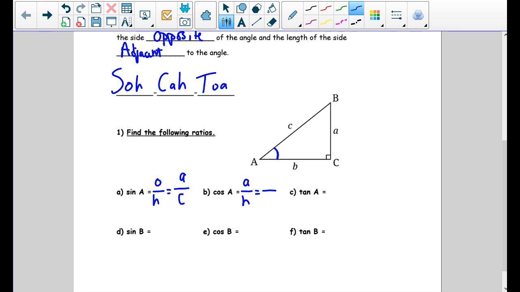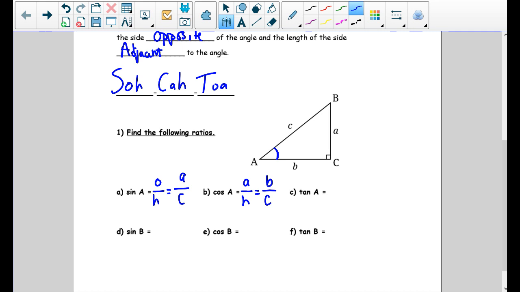Opposite side of the room, front to the back, left to the right. So what's adjacent mean? Yeah, right beside. So adjacent here to angle A is what? B. Because C is the hypotenuse, okay?